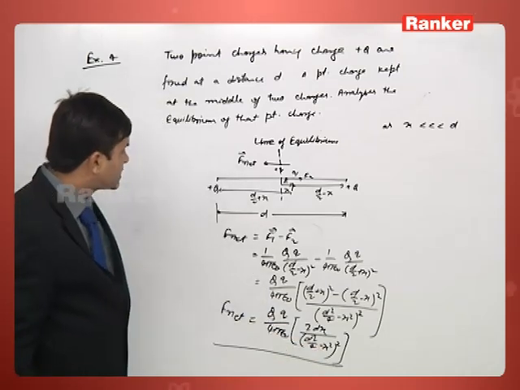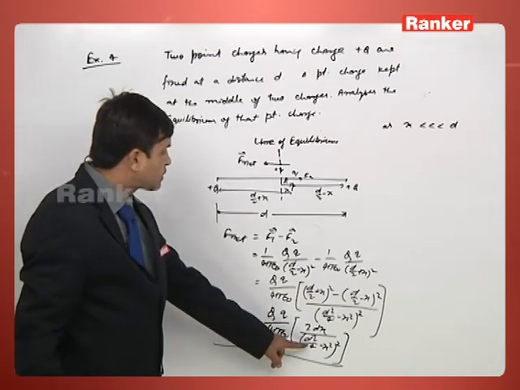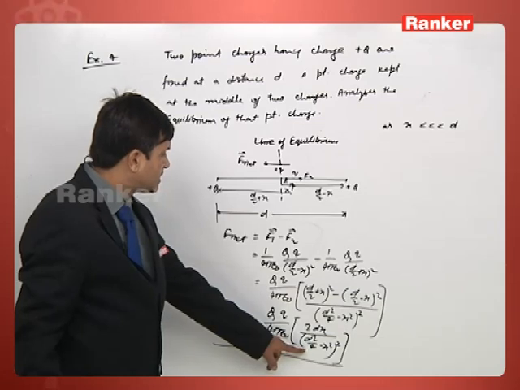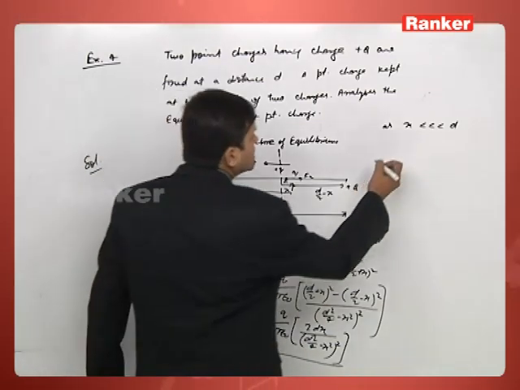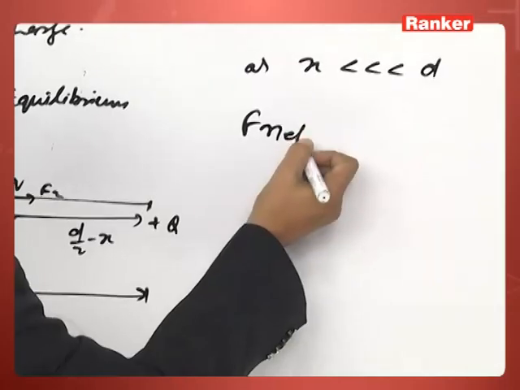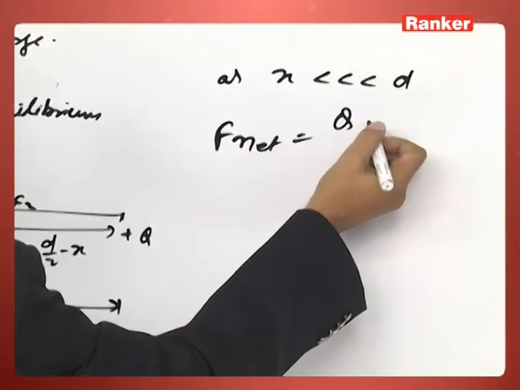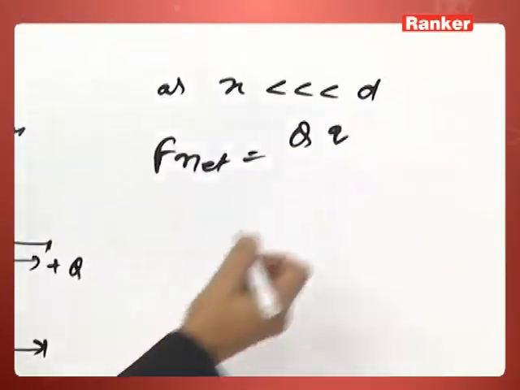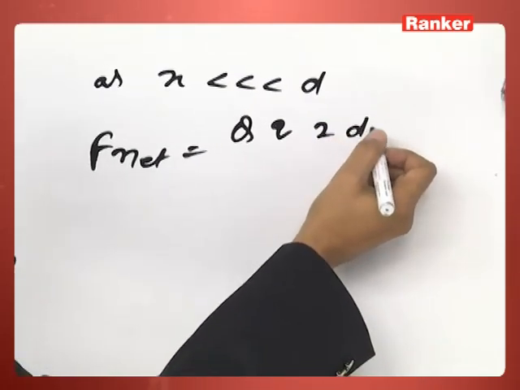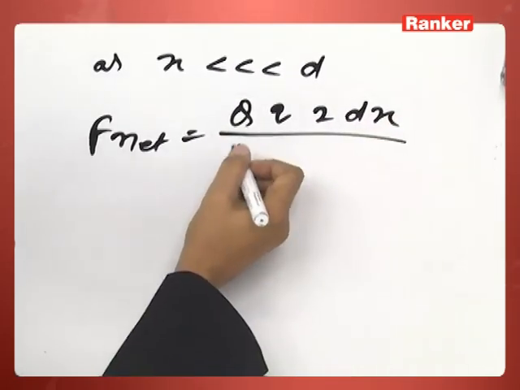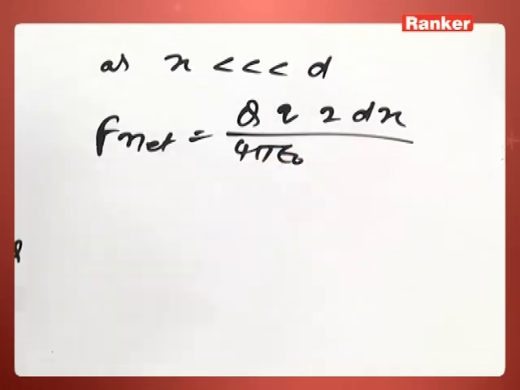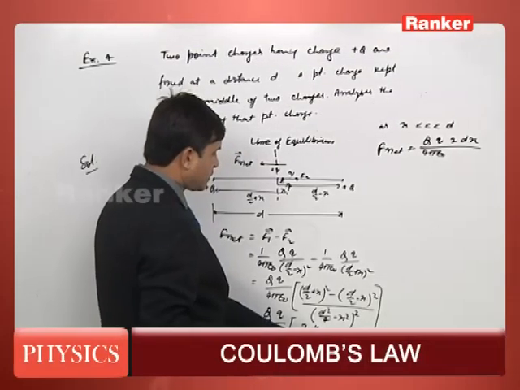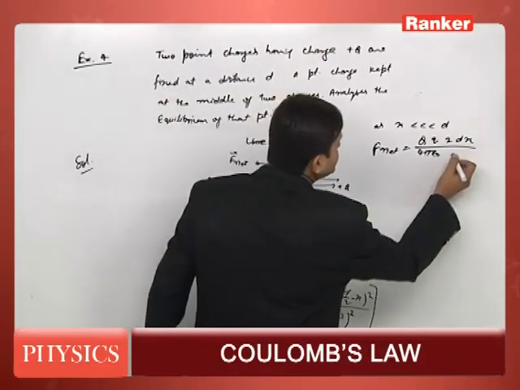So what is left here? D square by 4 will be left here, that we can write now. So F net is q into 2 dx by 4 pi epsilon naught d to the power 4 by 16.